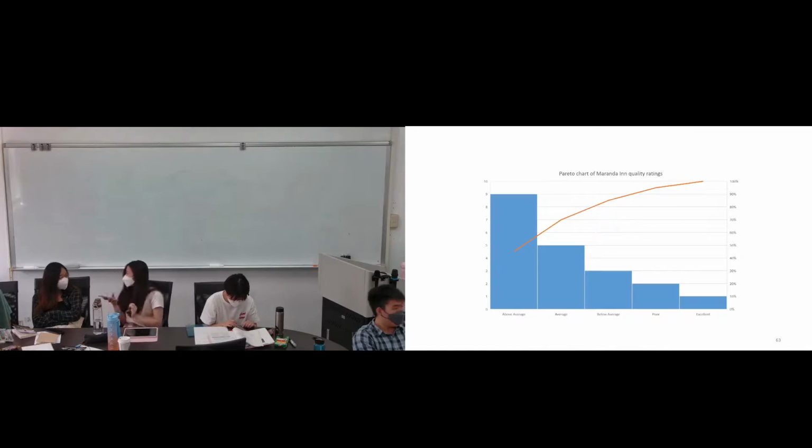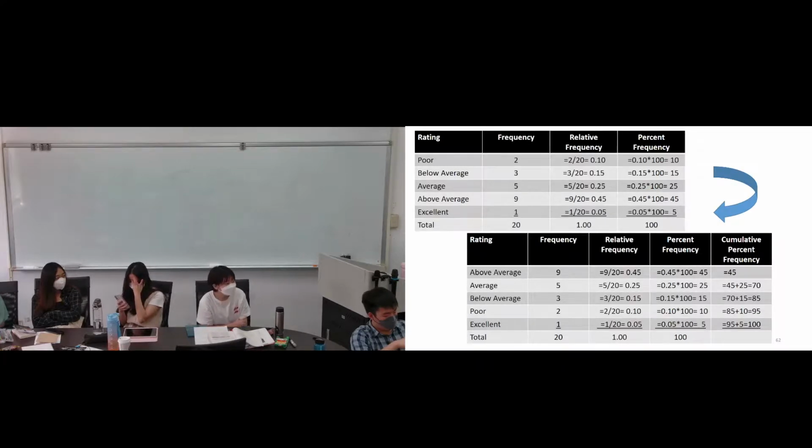Remember, when we draw the Pareto chart, each of the rectangles should be in descending order. So let's see which one has the most relative frequency. Which class?